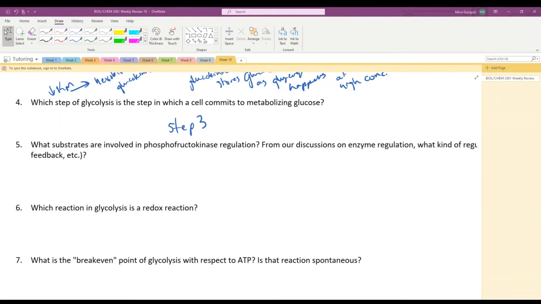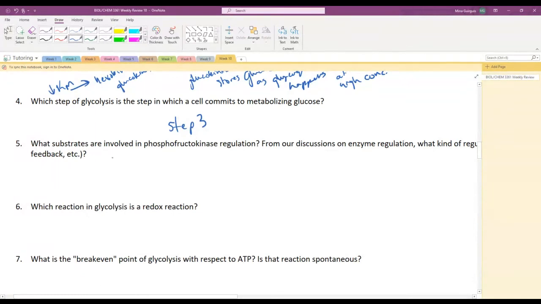One of the biggest reasons is, like we talked about earlier, it's got a really, really low free energy, so that reaction is really spontaneous. Because that reaction is spontaneous and early in the process, we want to make sure that we can stop. This is the step that commits the body to metabolizing glucose, so we want to make sure that we're only doing it when we need it.